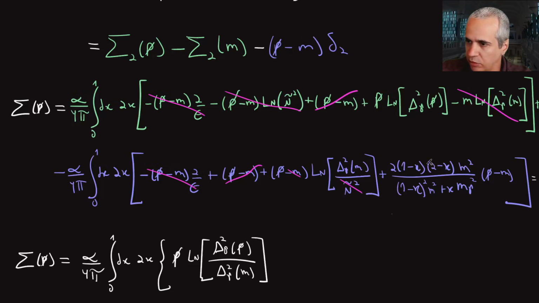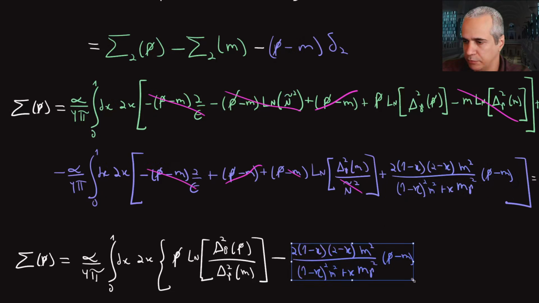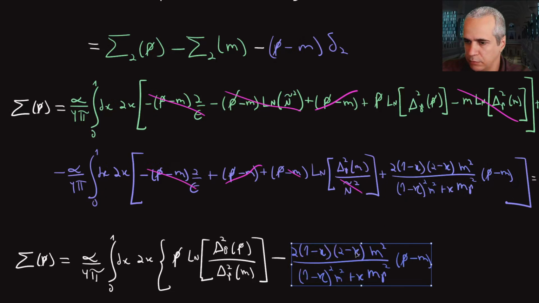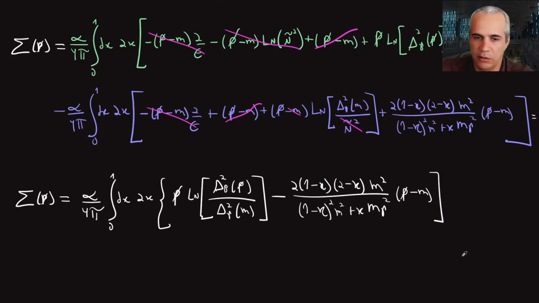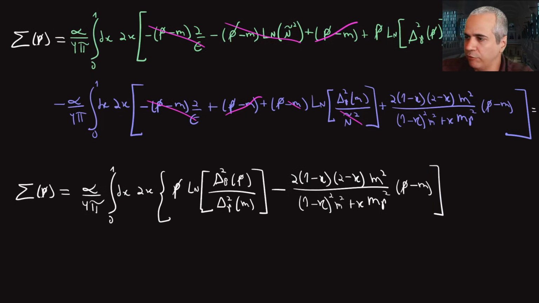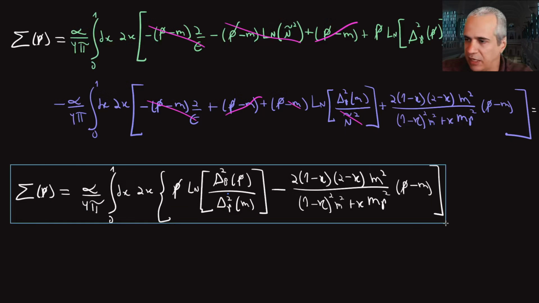And then this whole thing here, remembering the sign, let me bring it down over here. And there you go. So this is the fully renormalized, in the on-shell renormalization scheme, form for the 1PI function of the electron, right?